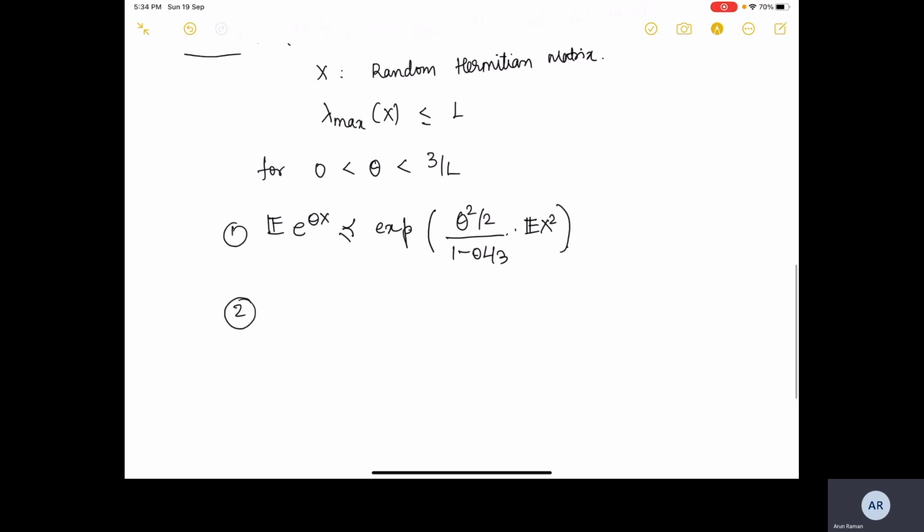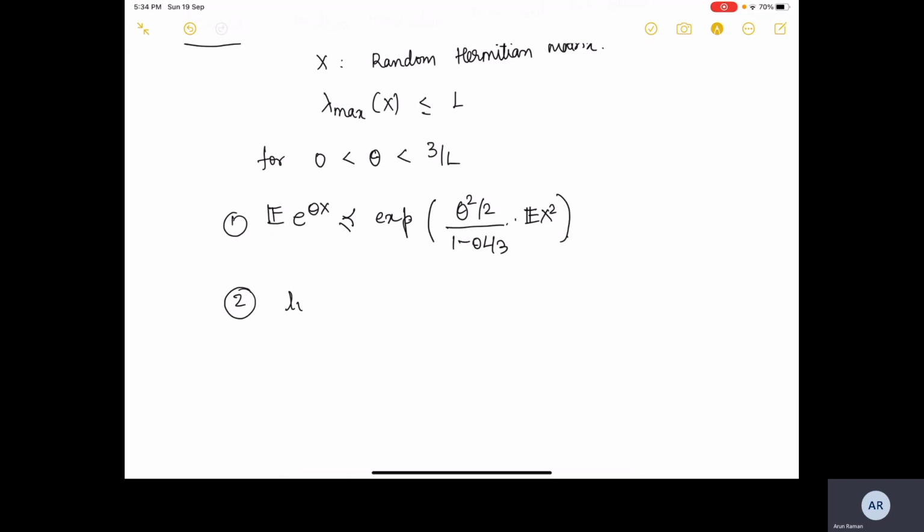Okay, so this is the bound on the MGF. Like we did last time, if we take the logarithm on both sides, then we will get the bounds on the CGF.